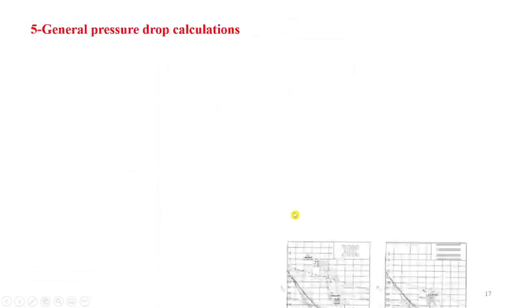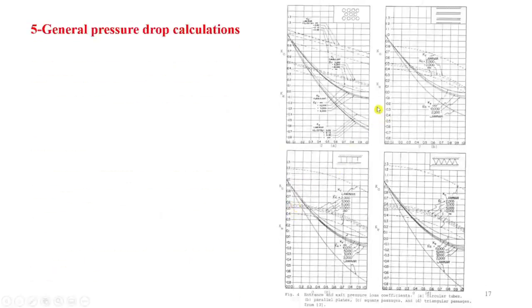In addition, this figure is from the same source, where we have 4 geometries for finding Kc and Ke, where Kc, as we said, is the entrance pressure drop coefficient, and Ke is for the exit from the heat exchanger.